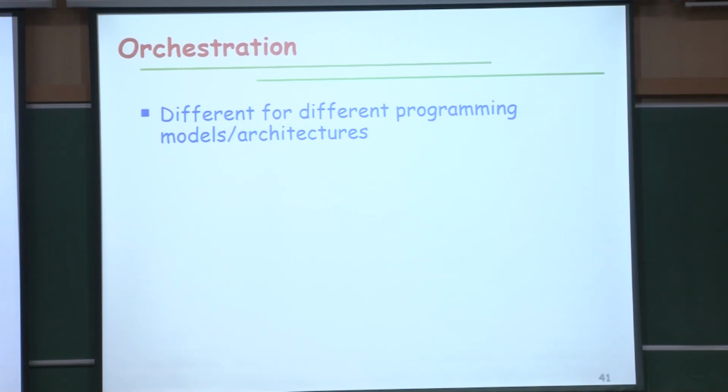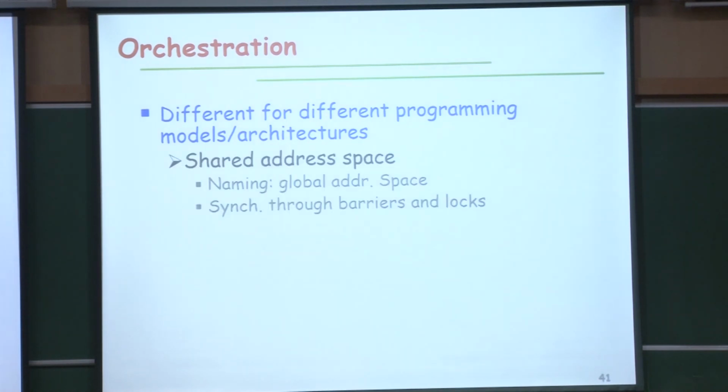If you are doing message passing or distributed memory programming, then you have to ensure that the appropriate data from the computations you have done is sent to whoever wants to receive it, and that particular process does the corresponding receive. And if you have multiple tasks and you want to synchronize somewhere so that all of these tasks must be completed, then you will put an appropriate barrier for that, whether it is a shared memory or a distributed memory programming model. You will introduce all of that, and that is essentially the step involved in orchestration.